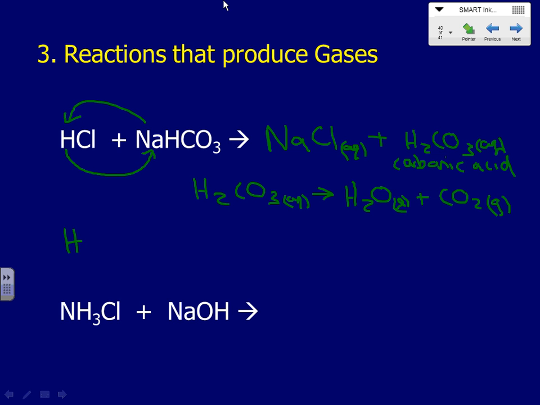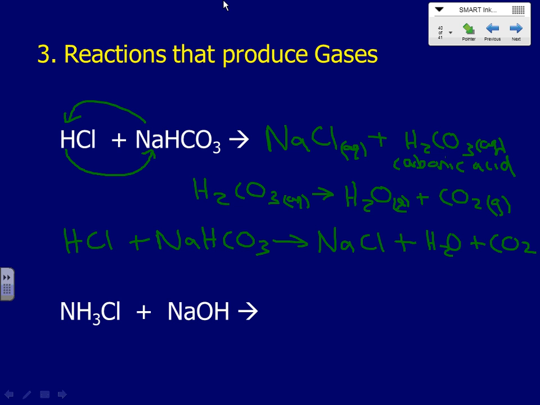So we can rewrite HCl plus NaHCO3 produces NaCl. And now I need you to think, when you get carbonic acid as a product, you can rewrite that as being H2O and CO2.